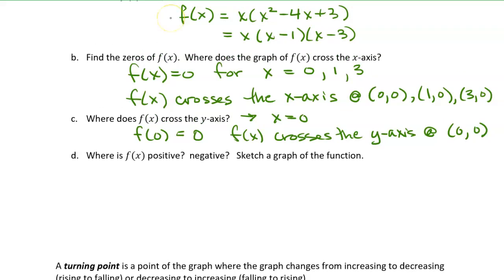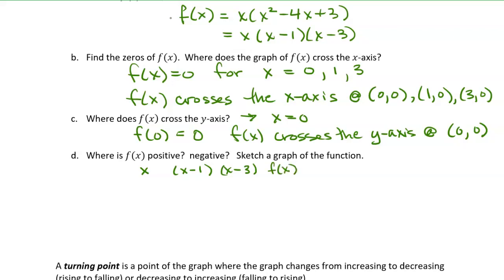And so we have 3 factors in the factored form, and the sign of those factors is going to determine the sign of the overall function. So one way to look at it is just to look at the factors x and x minus 1 and x minus 3, and then we can look at the product of the sign of each one of those factors to determine the sign of f of x.